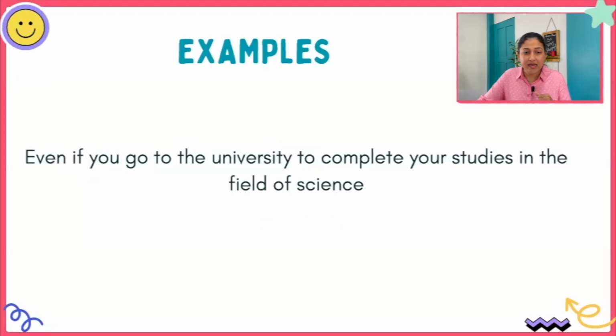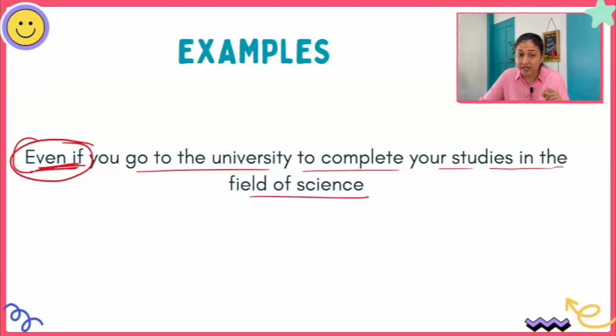Cool. Next example, even if subordinating clause, right? I mean, this is the beginning of a subordinating clause because this is a subordinating conjunction. Even if you go to the university to complete your studies in the field of science, then what? Even if you go to the university to complete your studies in the field of science, so this is not a complete sentence.